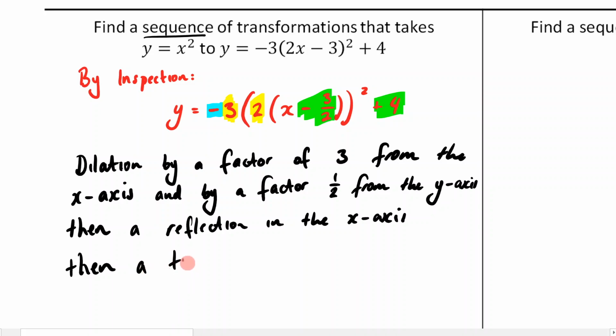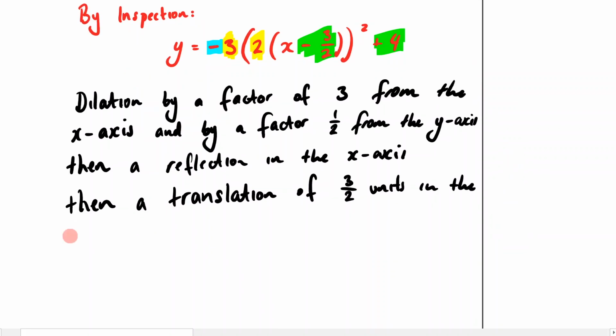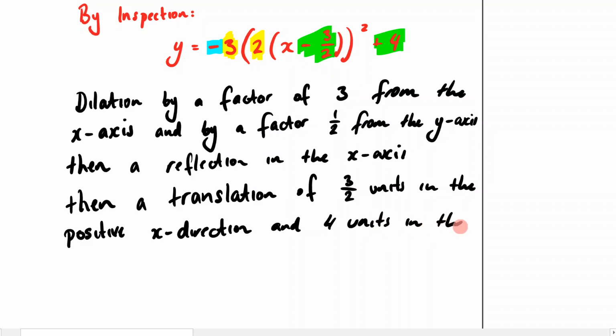Then a translation of 3/2 units in the, now you have to make sure you say positive x direction, and this over here is 4 units in the positive y direction.